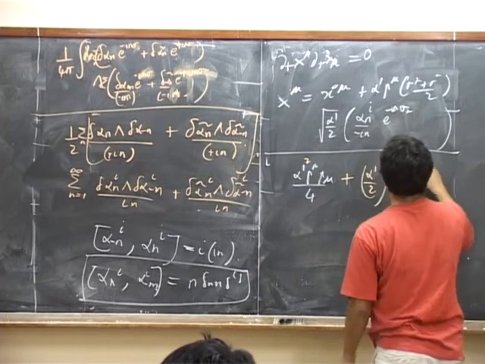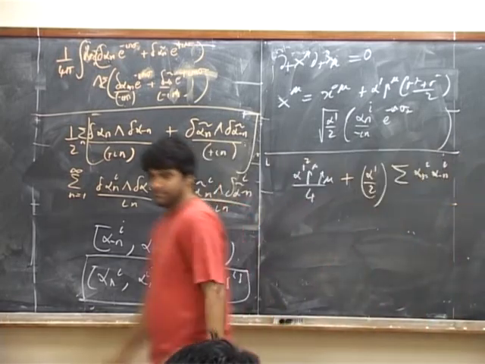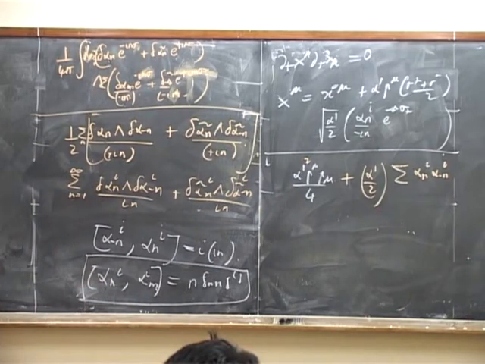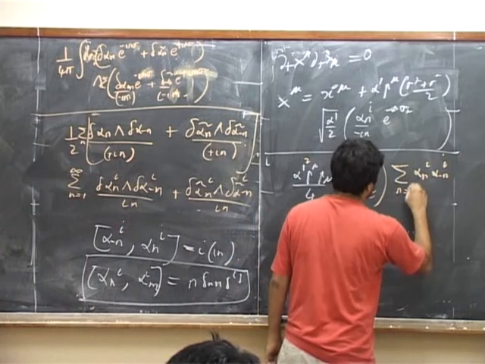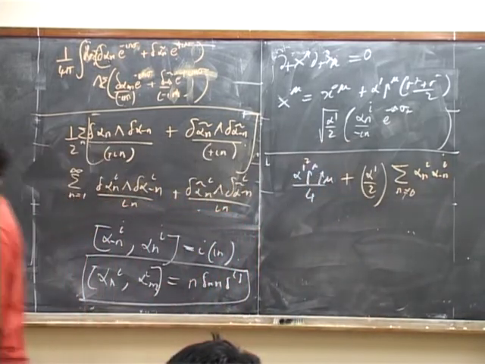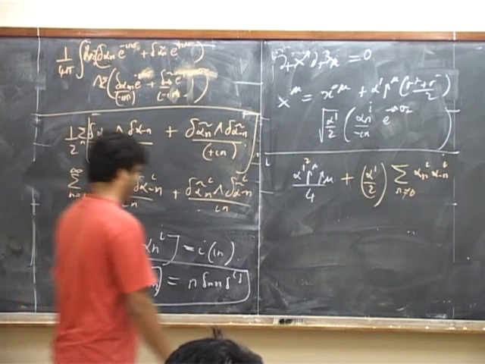So we just get the sum over n of alpha n i alpha minus n i, where n is not equal to 0. This is the only 0 frequency part of that constraint. Okay? Great.